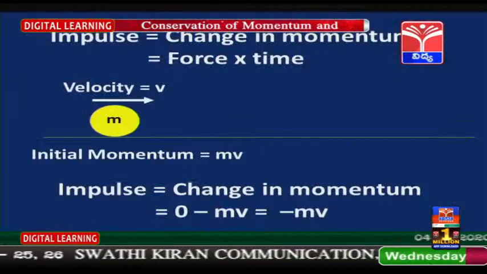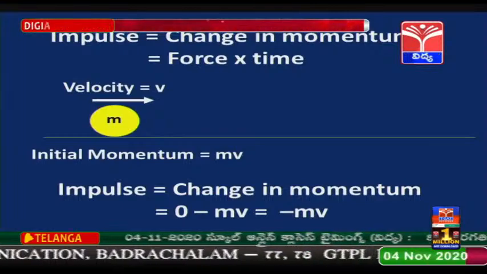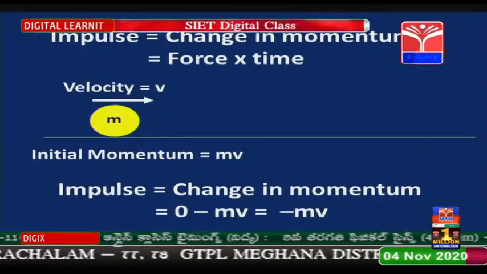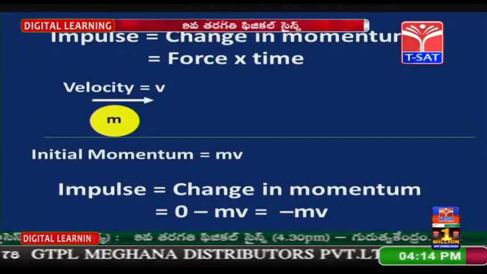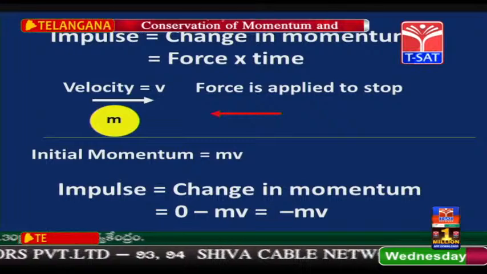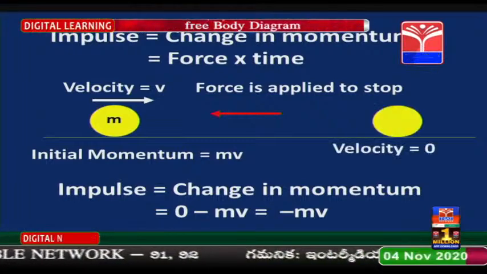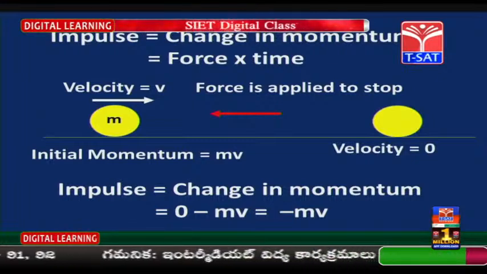Consider an object which is moving with velocity v, mass of the object m. Here the initial momentum is given by mass multiplied by velocity, that is mv. When a force is applied to stop it, then the velocity becomes 0. Let the force be applied for a time t.